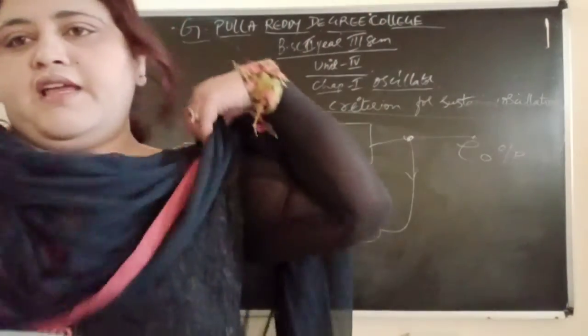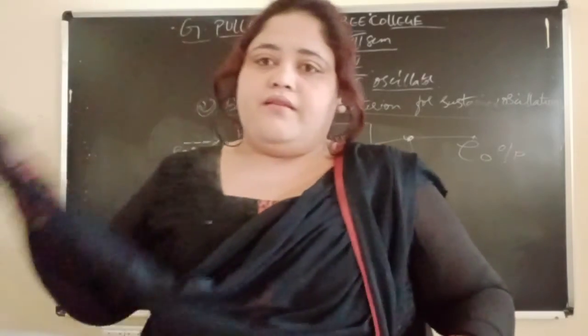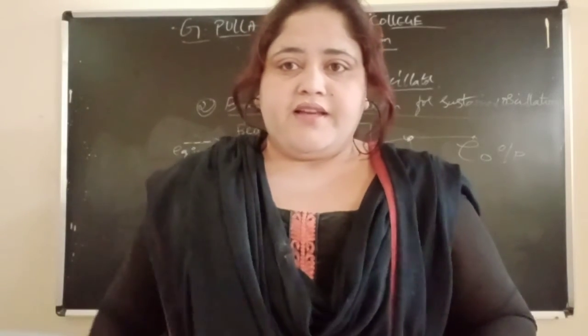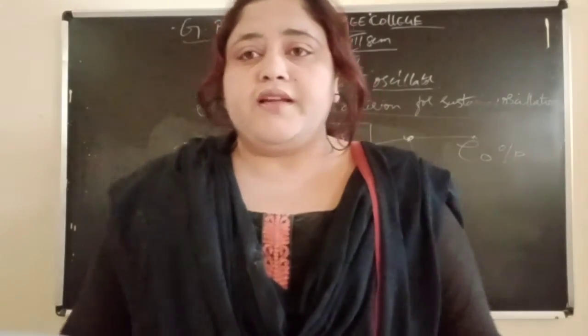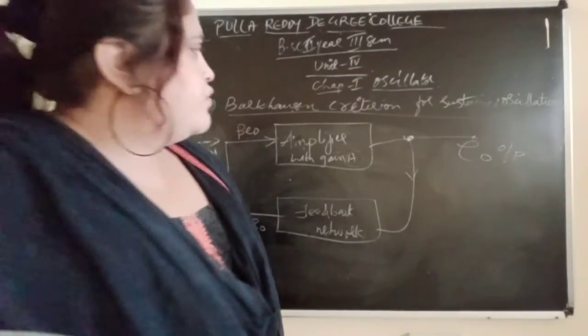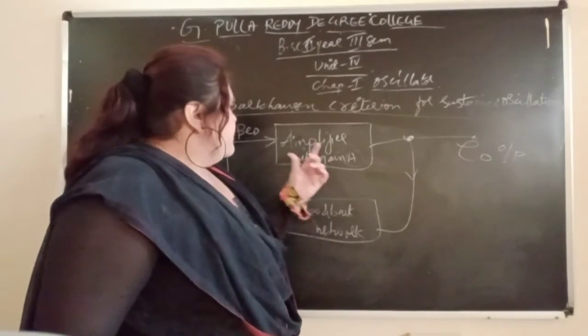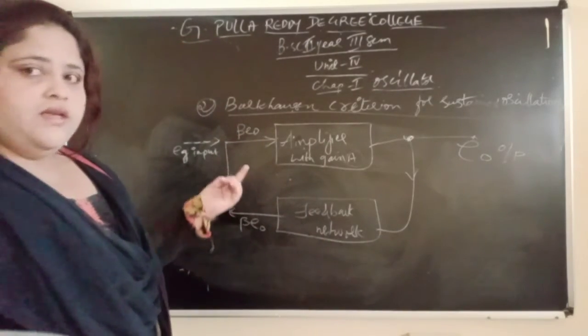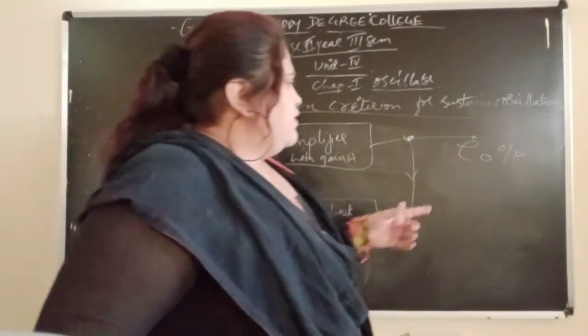We are considering an amplifier with the gain A. This amplifier has feedback. Now we are giving the amplifier a feedback, so we have an amplifier with gain A and a feedback network. In this circuit, EG is the input and E naught is the output.